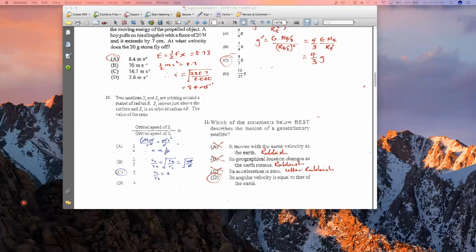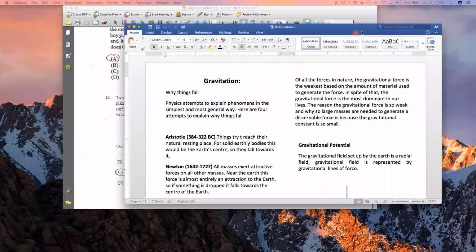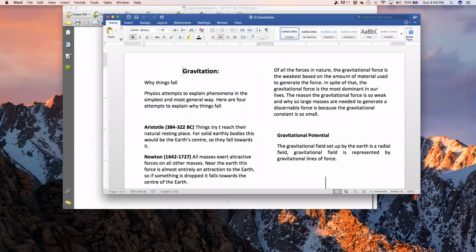In the last handout I gave you a handout on gravitation, right? I'm referring to that handout, but I'll pull it up on my screen in a second. Okay, so this is the handout on gravitation. You all have this, although I haven't taught this yet.